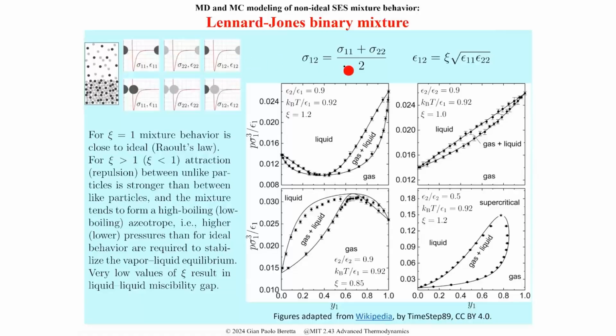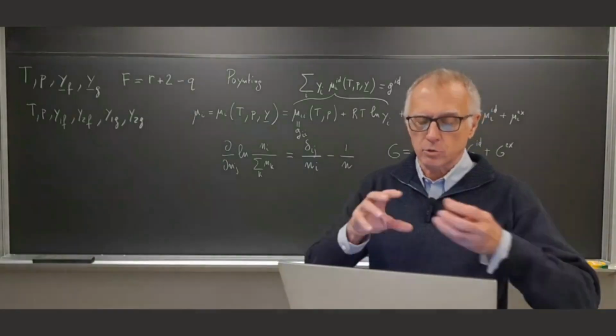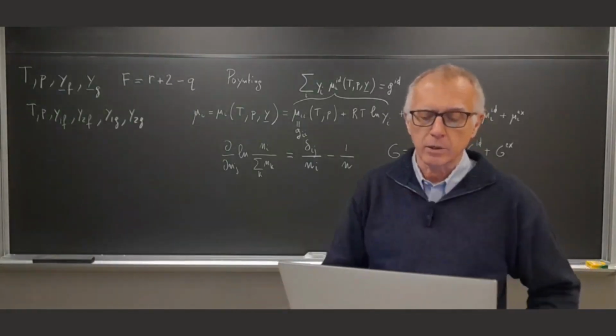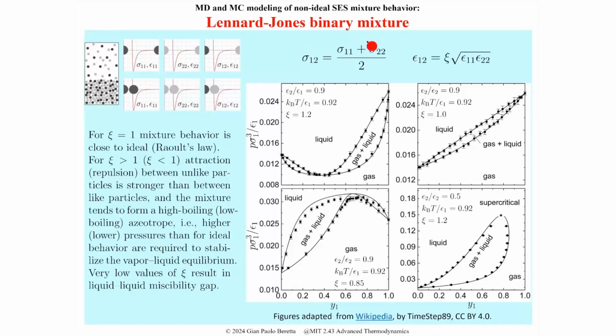The radius is half of the diameter, so the sum of the halves is just the average diameter of the two proper diameters. So you assume a Lennard-Jones potential characterized by a sigma 1,2 for the interaction between two unlike particles that is equal to this mean value.